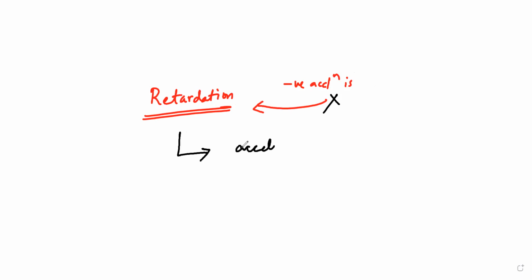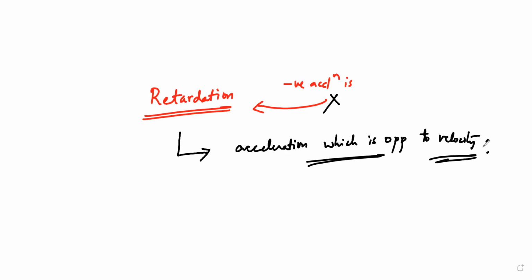Acceleration which is opposite to velocity, motion, that you will call as retardation. Simply, it is that the speed will be slow.